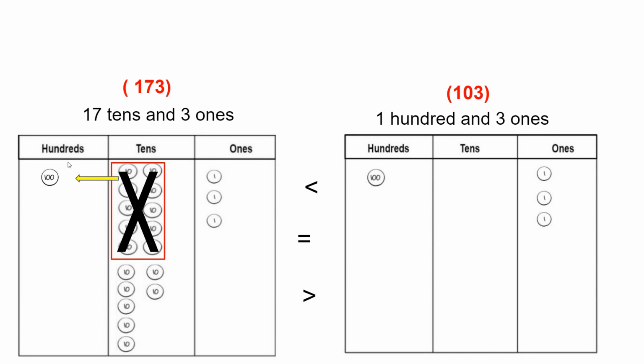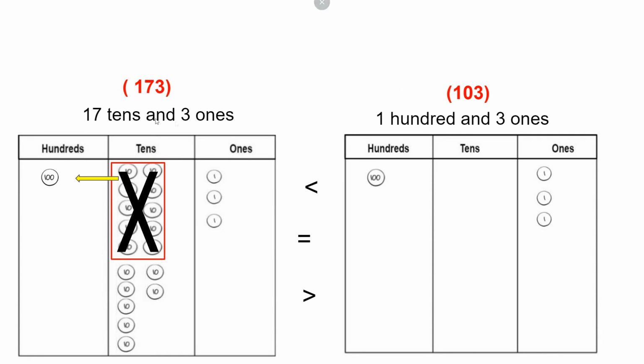They both have 100, right? They're equal there. But when it comes to tens, 173 has 7 tens, and 103 doesn't have any tens. They both have 3 ones.